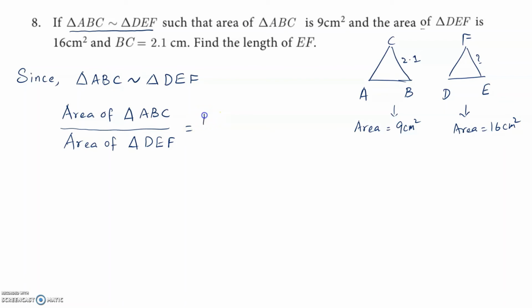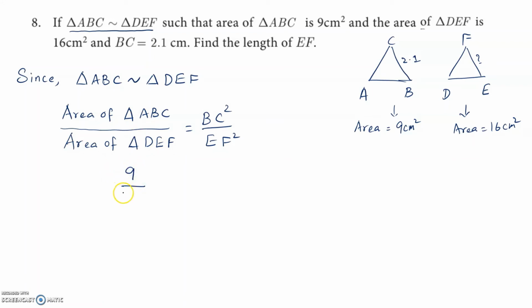So I can take BC squared over EF squared. Okay, so this we know by property of a similar triangle. So we know BC is 2.1, we know this area, we know this area. So let's substitute the values here.